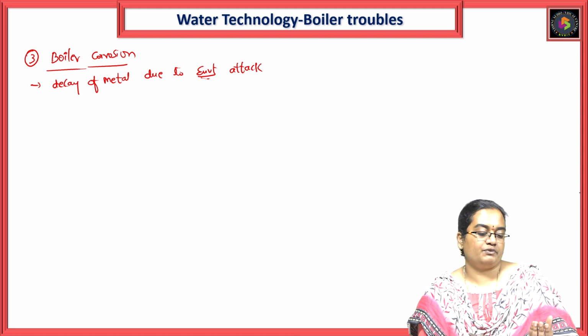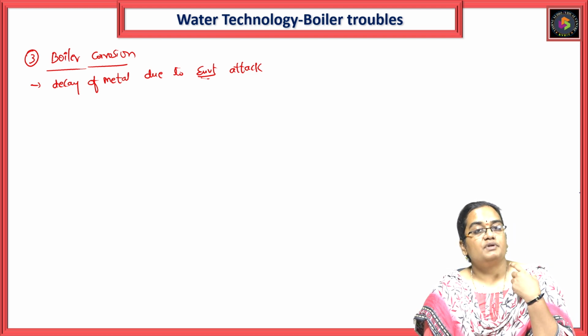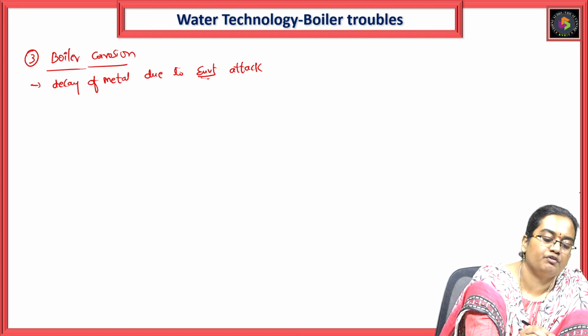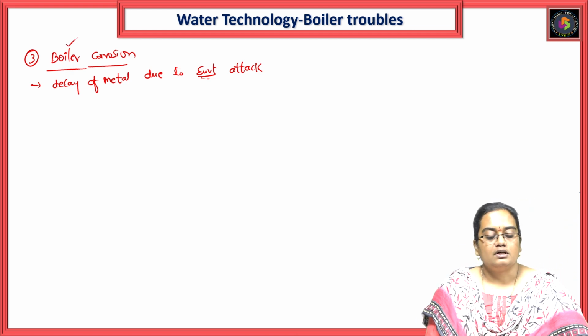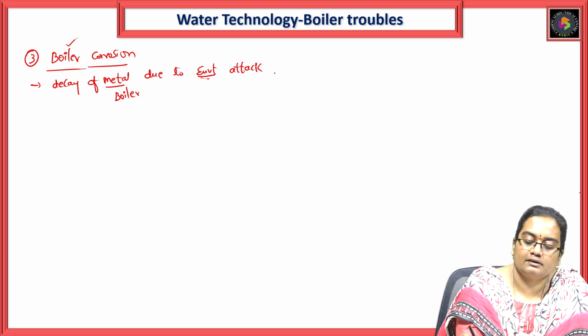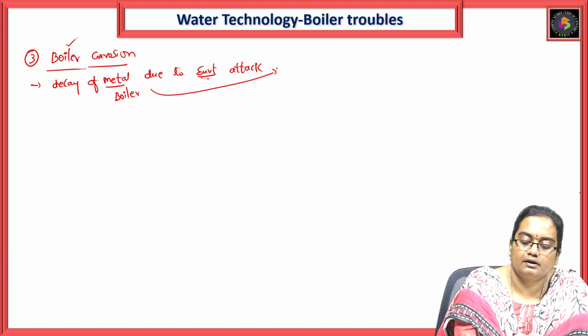So this is the definition we know from the previous classes. But here, which is undergoing corrosion? Your boiler is undergoing corrosion. So here the process of decay of boiler due to environmental attack is known as boiler corrosion.